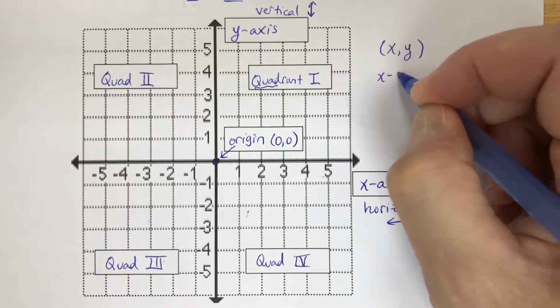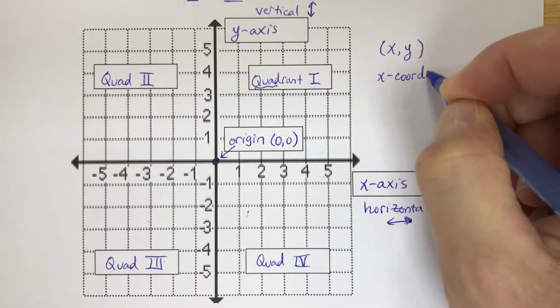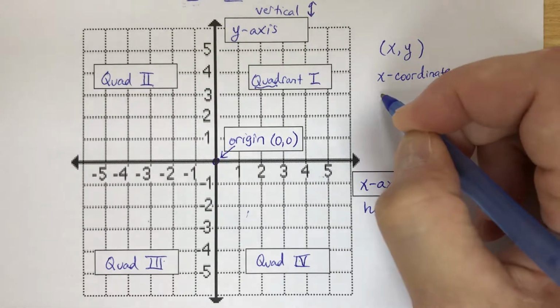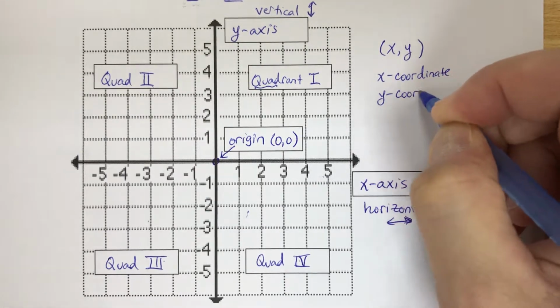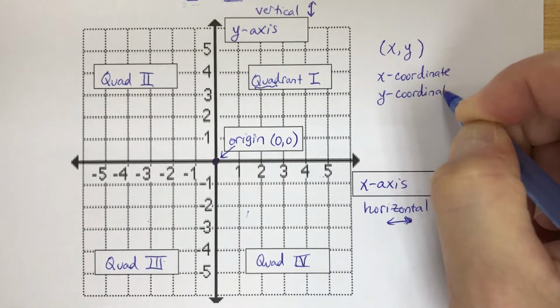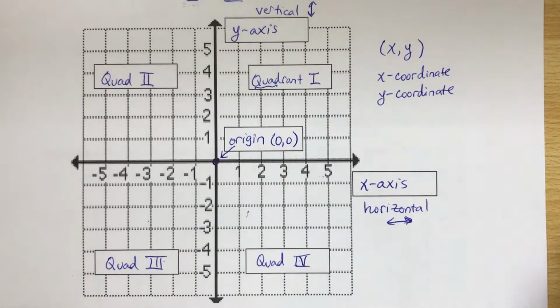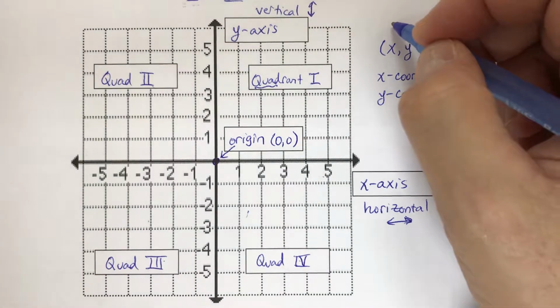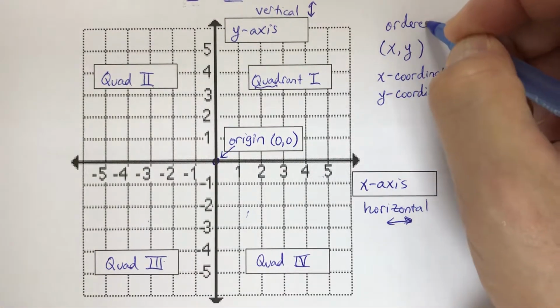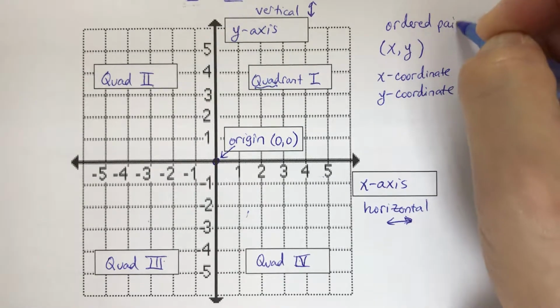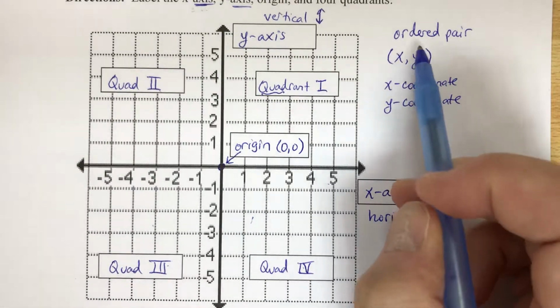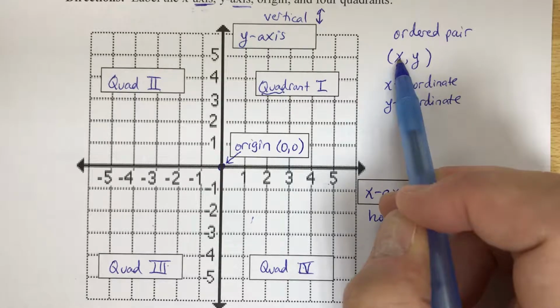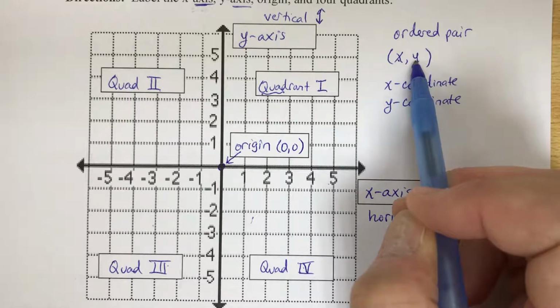This is the x coordinate and the y coordinate. It's the x value and the y value, but we say it's the coordinates, and we call this an ordered pair. Because there's an order. The order is always the x value first and then the y value.